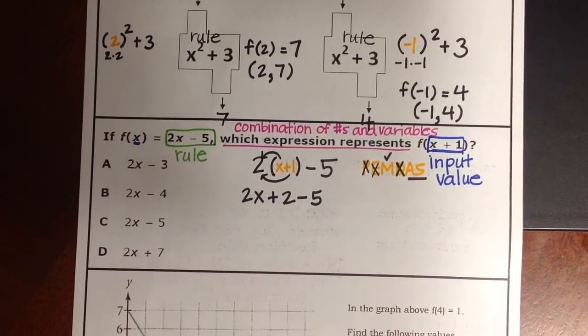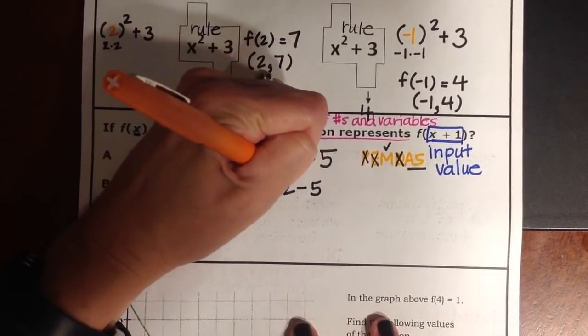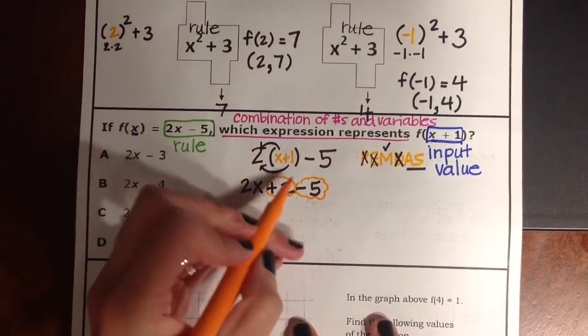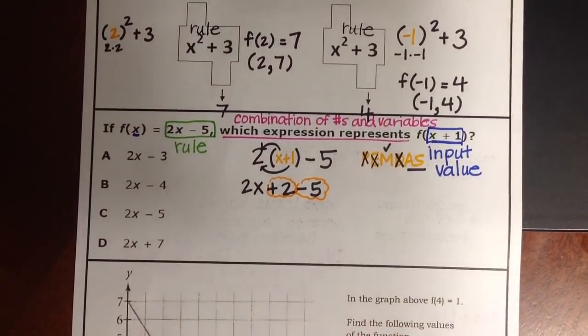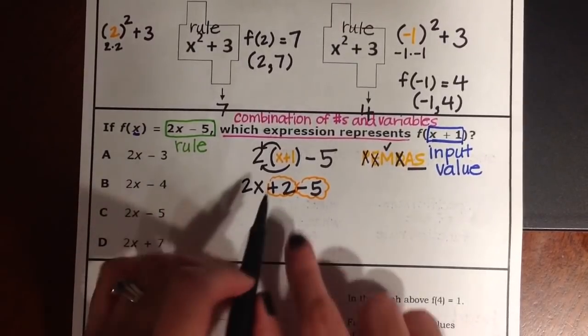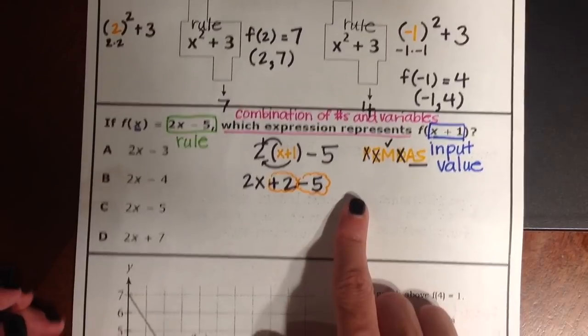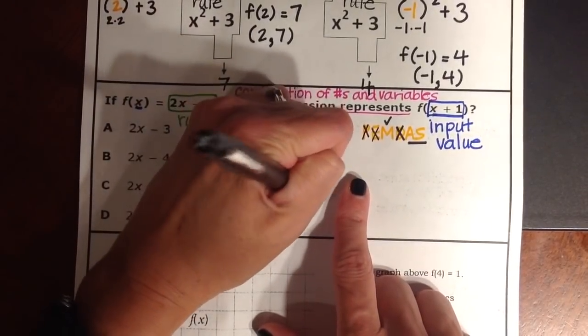So if you look at your problem and ask yourself, do I have any like terms? Hopefully you say yes. I have a positive 2 and I have a 5, and the subtraction sign tells me the 5 is negative. So when I combine these, I'm going to start with 2, and this means I'm taking away 5. And 2 take away 5 is a negative 3.